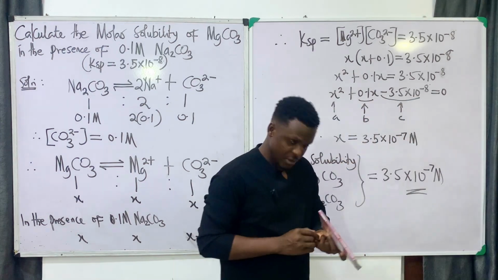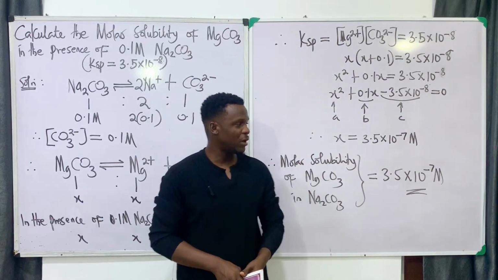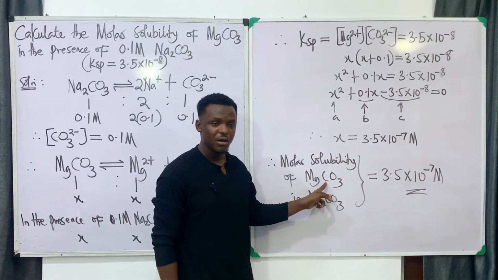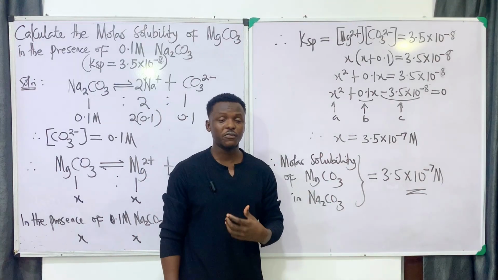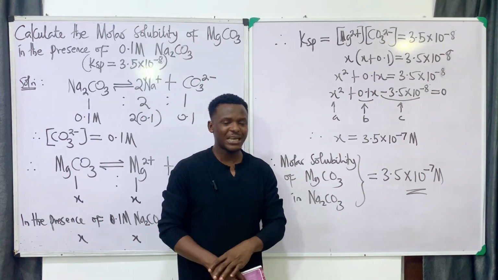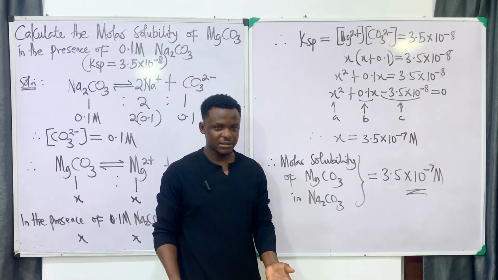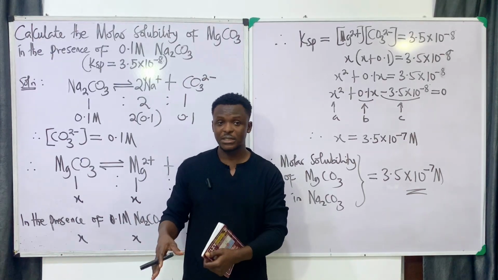Now, you know the interesting fact about this. If you solve for the molar solubility of MgCO3 when dissolved in water, or if they had asked you to solve for the molar solubility of MgCO3 in water, or when water is not even mentioned, it is assumed that it is dissolved in water.